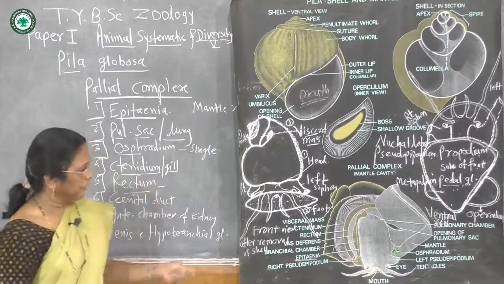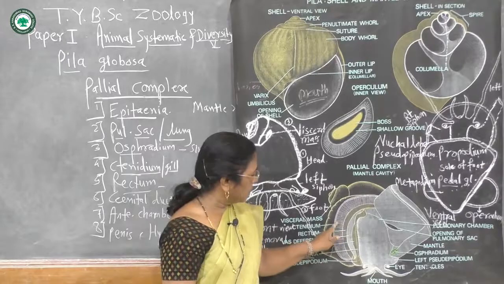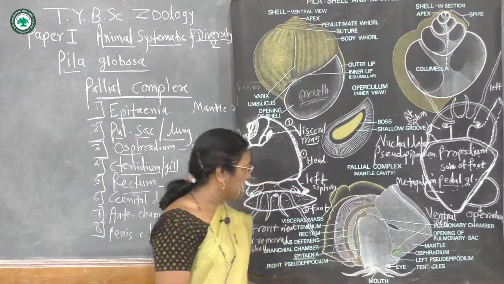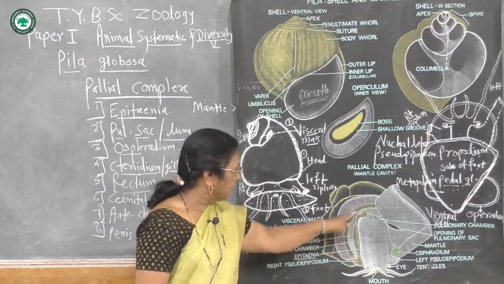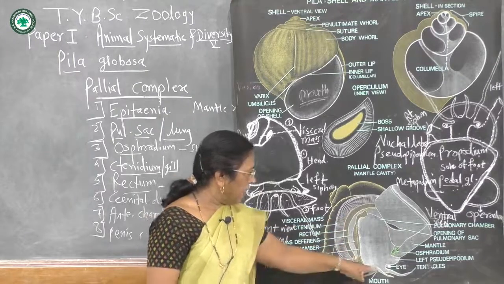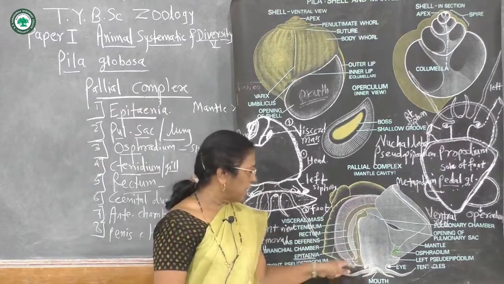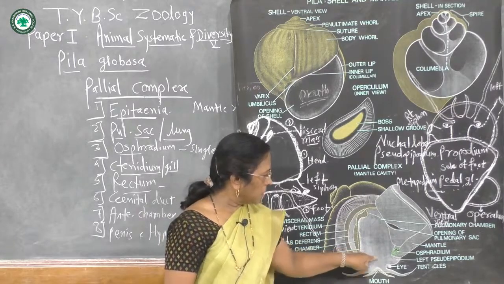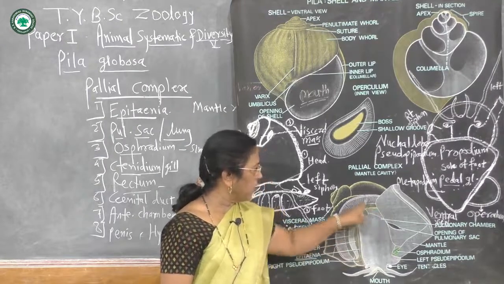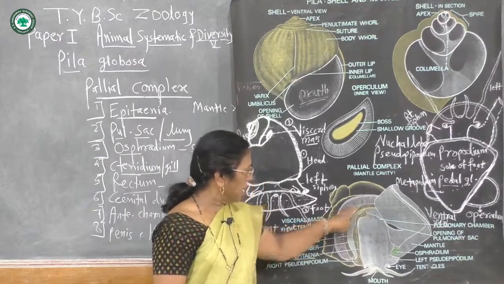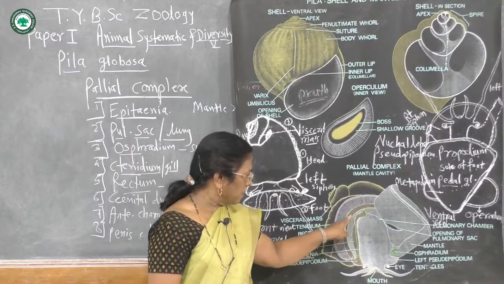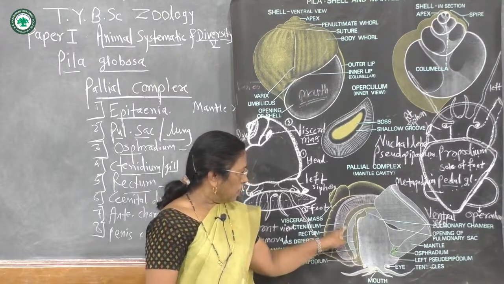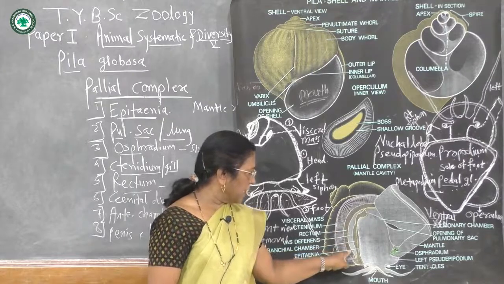Then the rectum. On the left side of this ctenidium or gill, this tubular part is called the rectum. This rectum is nothing but the posterior last part of the alimentary canal. Here the mouth, then the buccal mass, esophagus, stomach, and intestinal coil lead into this rectum, and the rectum excretes the unwanted or undigested part of food outside.